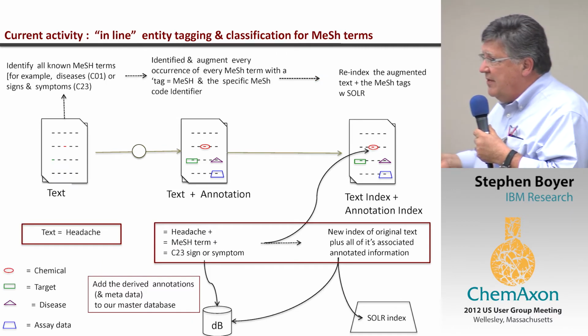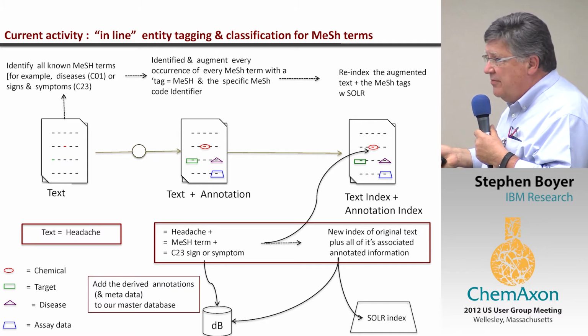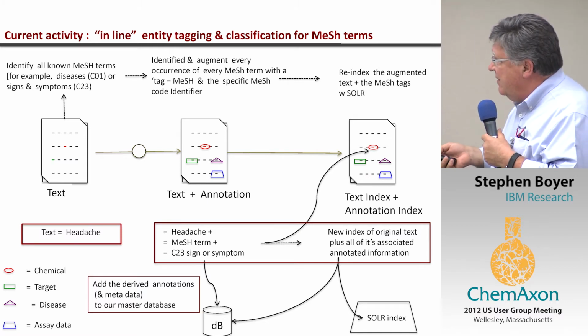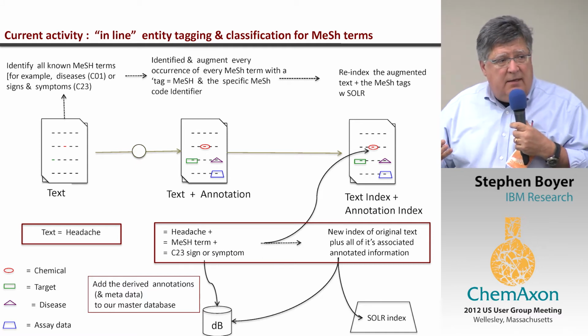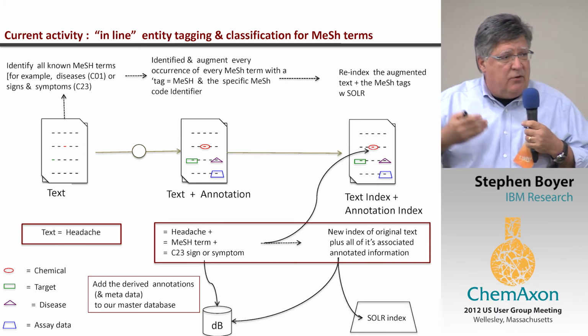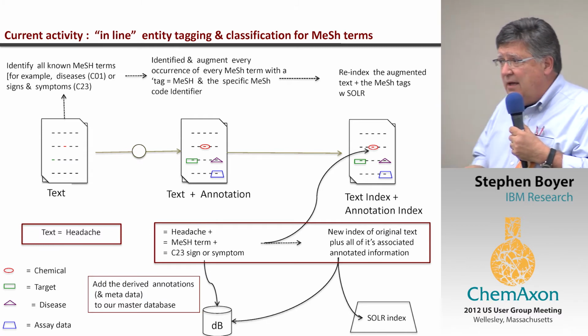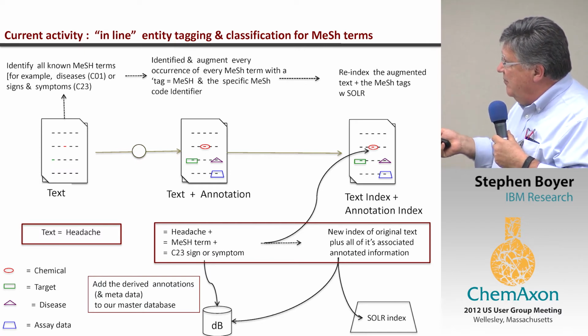We do the same thing with all the MeSH terms. MeSH terms are medical subject heading terms. They're rather complex. We have terms like signs and symptoms. These would be words like headache, diarrhea, vomiting, nausea. We identify every single one of those 680 MeSH terms for signs and symptoms, and when we identify one in the document, we say, this is a MeSH term.